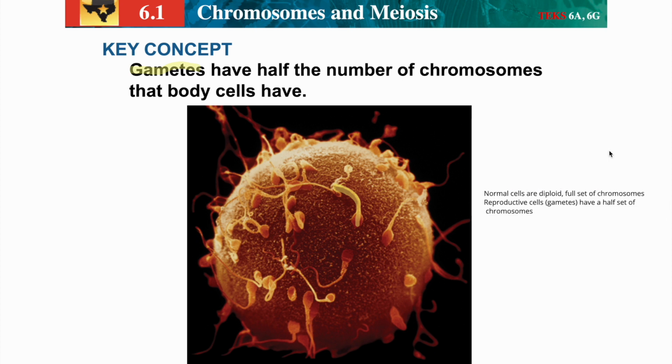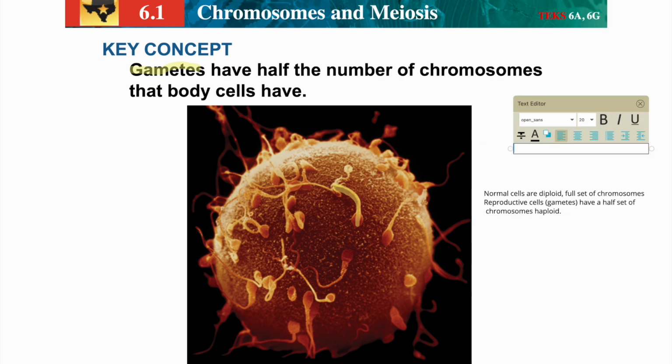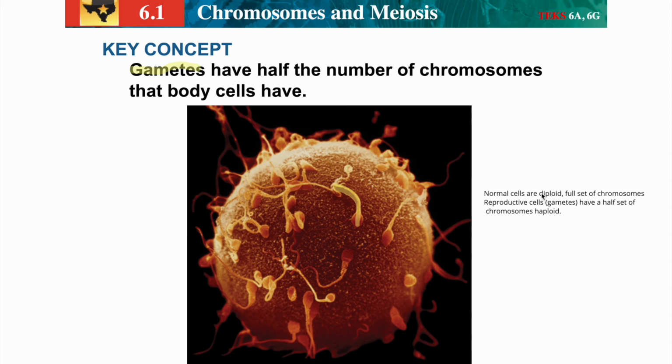Add that to your notes. And one other thing, these are called haploid. So if you ever see the term haploid, I want you to think half set. Diploid, think of die or dice, 2. Haploid means half.